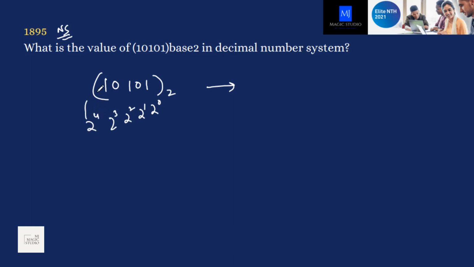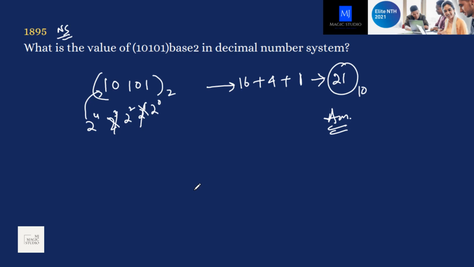2 to the power 4 is 16, 16 into 1 is 16, plus this will be 0. 2 to the power 2 is 4, into 1 is 4, plus this will be 0. 2 to the power 0 is 1, 1 into 1 is 1, and this is 21. So 21 in base 10 is the answer. And one of the options was 20 also. Please mind it, 2 to the power 0 is 1.